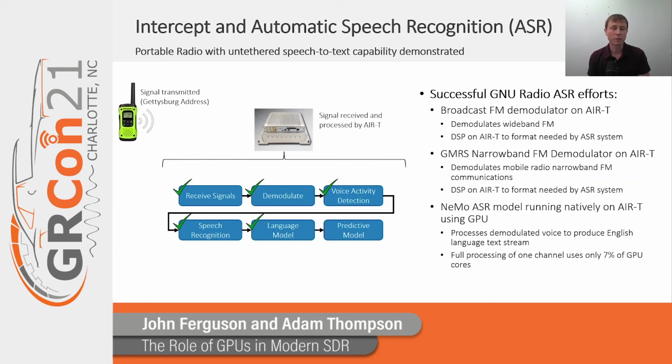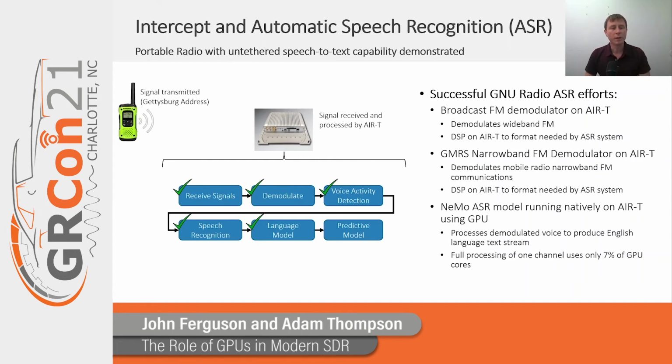GMRS is the one I'll show you in a second. That's demodulating narrowband FM, a handheld radio like you see there. And then we use NeMo for all of this, so NeMo-ASR running natively on the AirT using the GPU. And you'll see the GPU only leverages about 7% of the GPU cores for this processing.